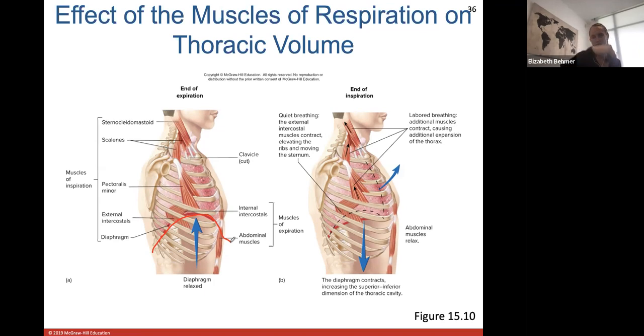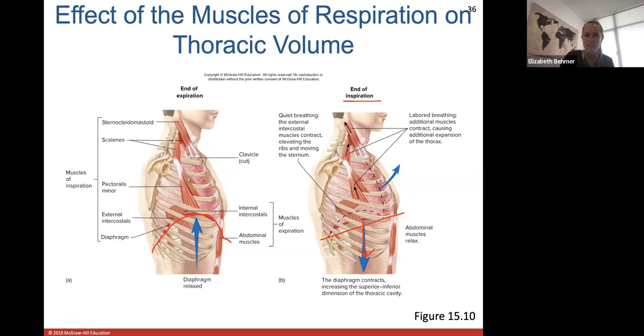So the diaphragm assumes this cone-shaped relaxed position. And then at the end of inspiration, so as you're breathing in, the diaphragm becomes flatter. And that's why we show this down arrow. What the diaphragm does is it kind of pulls your thoracic cavity down to increase capacity of your thoracic cavity as you're breathing in and air is expanding in your lungs.